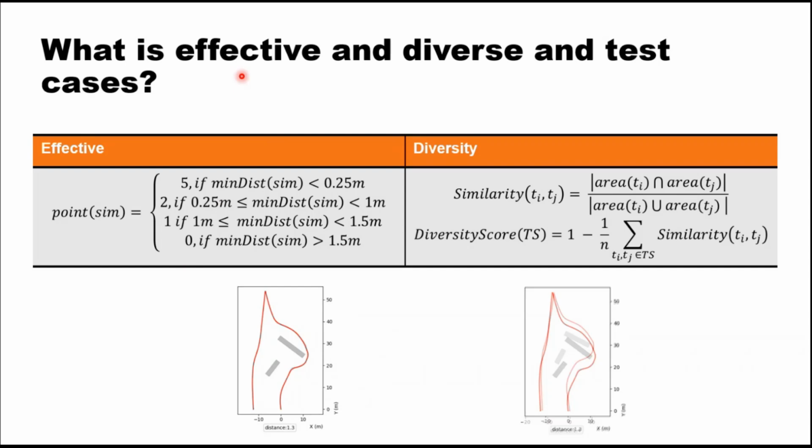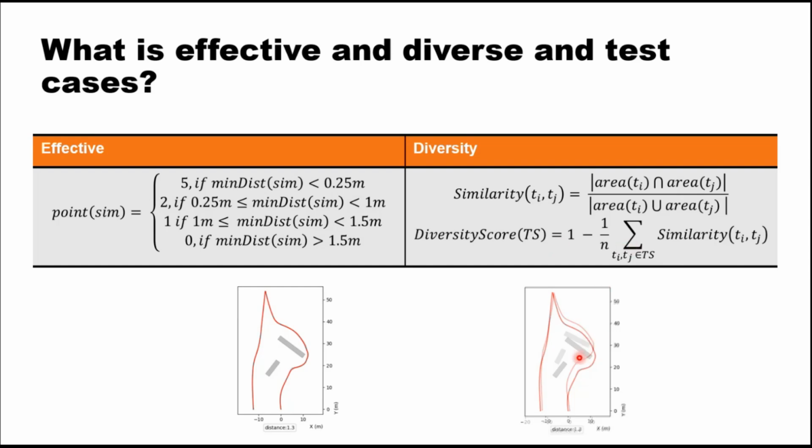So we mentioned that we need the test cases to be effective and also diverse. The diversity here is measured through similarity, and in this version of the competition, they have used this criteria. I have intentionally put two test cases, one on top of the other, and this shows how the similarity is calculated: by taking the intersection of the areas of the test cases, the dark gray here, with the area of the obstacles from the previous test case, the light gray, dividing that by the union of the areas, and then taking 1 minus that value.